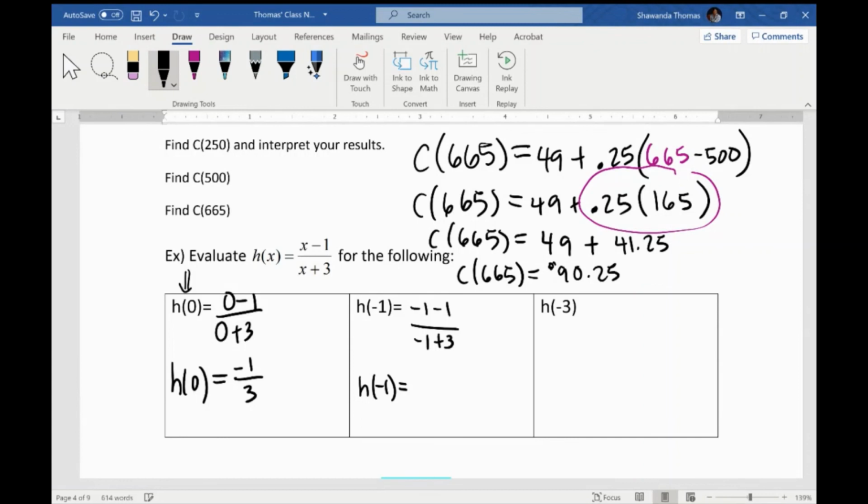All right, what do I write next? -2 over 2, which is -1. All right, always simplify. Yes, h of -1 equals -1. This one is where I was trying to get to. H of -3. I want y'all to work on that.